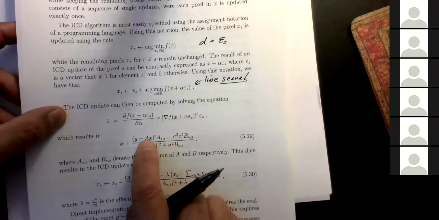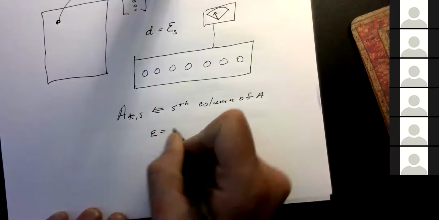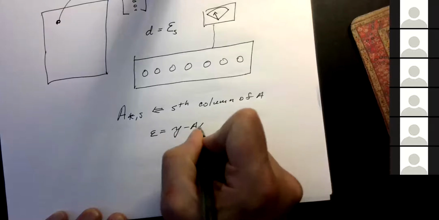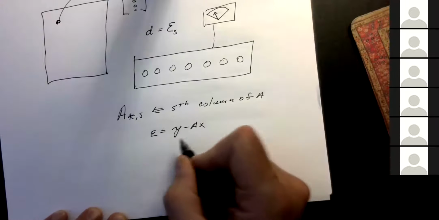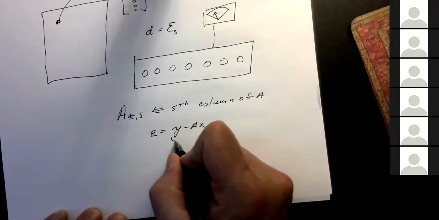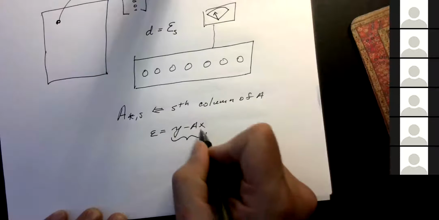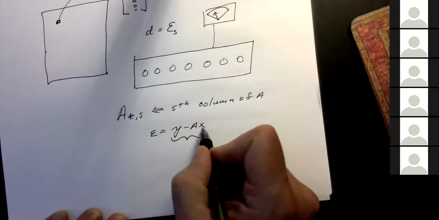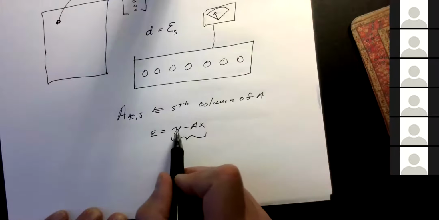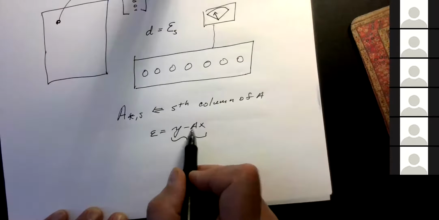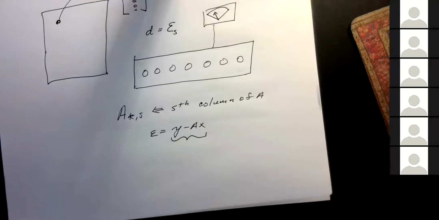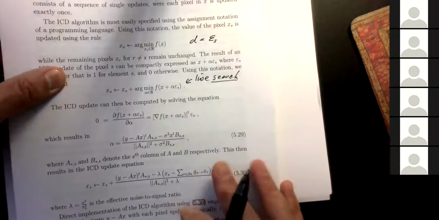You know what? So this is the error, okay? Epsilon here is y minus Ax. That comes up a lot. So y is what you measured. Ax is what you should have measured if x is your solution. So this is the difference between what you measured and what you should have measured. So I'm calling it epsilon. And that's how it works.